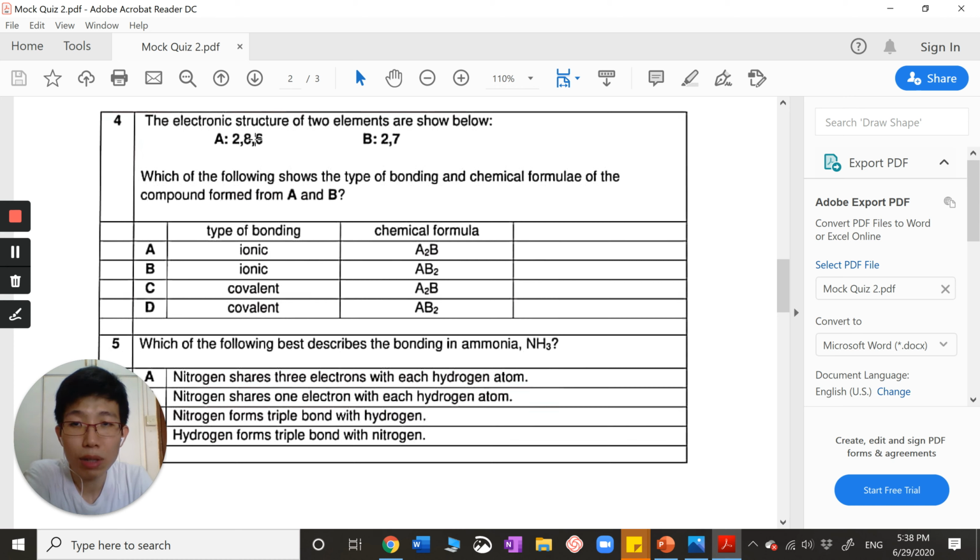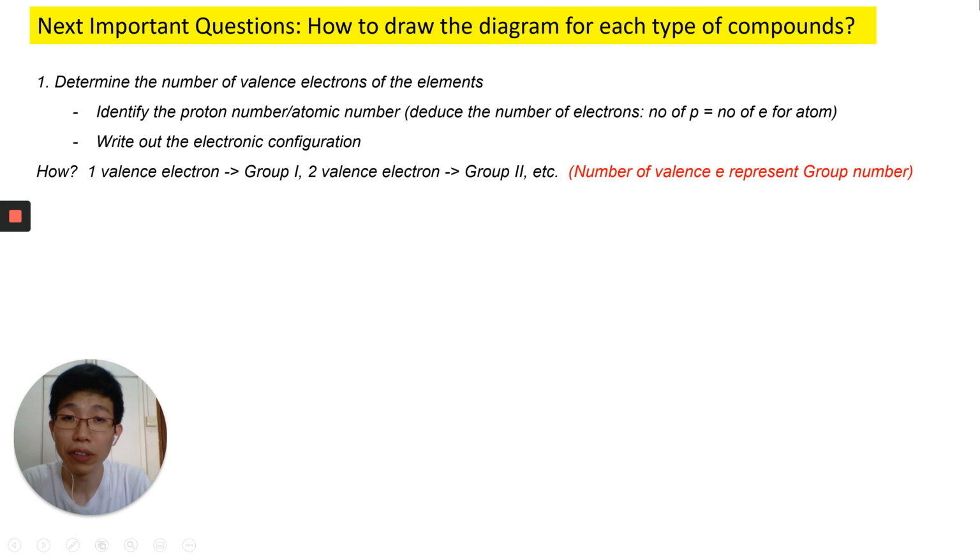Normally, the last number that you see in the electronic configuration will tell you the number of valence electrons, which is the number of electrons in the outermost shell. So by using the electronic configuration, you'll be able to determine the number of valence electrons, which then represents the group number.